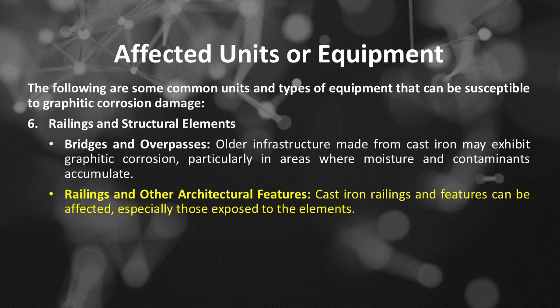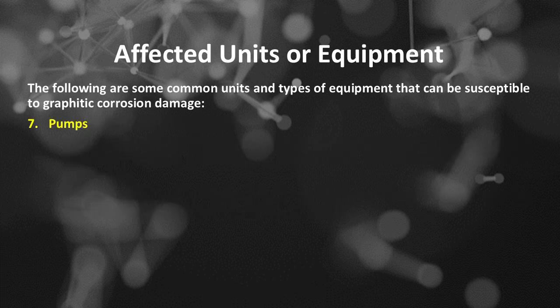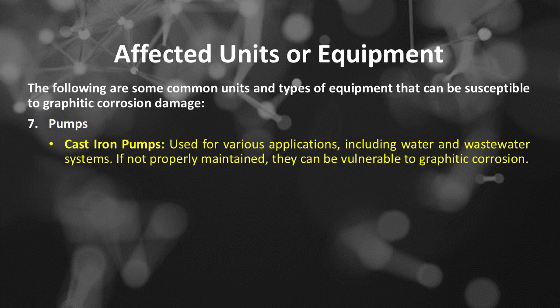Railings and other architectural features, cast iron railings and features can be affected, especially those exposed to the elements. Number 7 is pumps. Cast iron pumps, used for various applications, including water and wastewater systems. If not properly maintained, they can be vulnerable to graphitic corrosion.